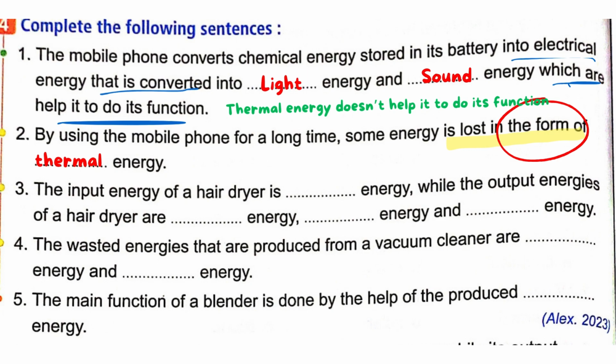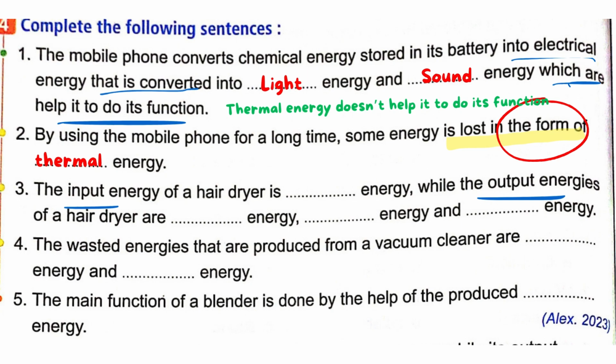Here we have the input energy of a hair dryer is, here it asks you about the input energy, and we know that the input energy in the hair dryer is electrical energy, while the output energies are, we have three output energies from the hair dryer.